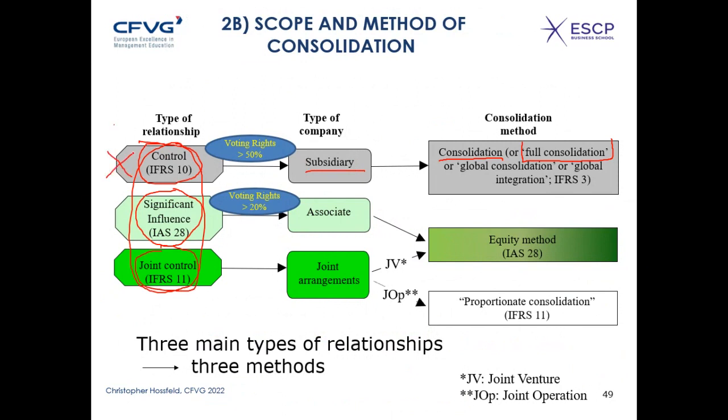Obviously that is very important. To simplify, we can use the rule that if you have more than 50% of the voting rights of another company, that usually gives you control. So the parent company controls the subsidiary if it has more than 50% of the voting rights.